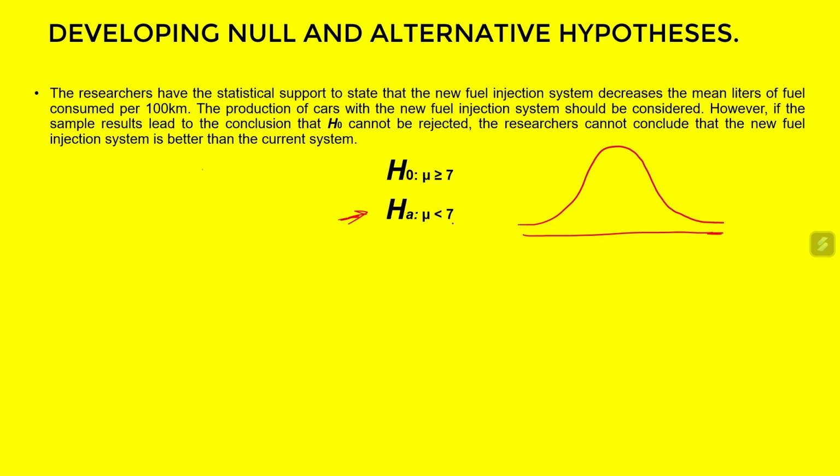That is why we are building our hypothesis. So in this, the alternative hypothesis is where mu is less than 7, so this less than sign points to the left side. Okay, left side direction. So our hypothesis in the normal distribution curve will look like this. Okay, this is called a lower tailed hypothesis.